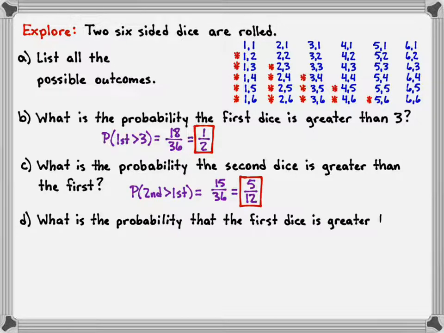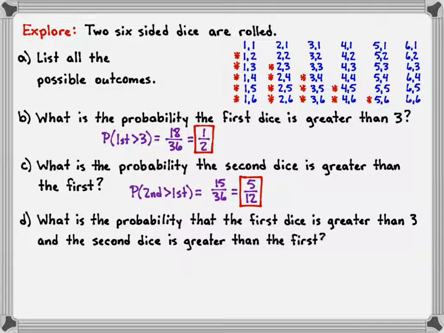Now, what is the probability that the first die is greater than 3 and the second die is greater than the first die? Okay, so we are trying to combine question B and question C with the word and. So what is the probability that this happens and this happens?